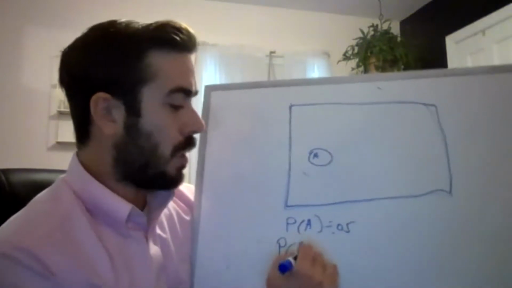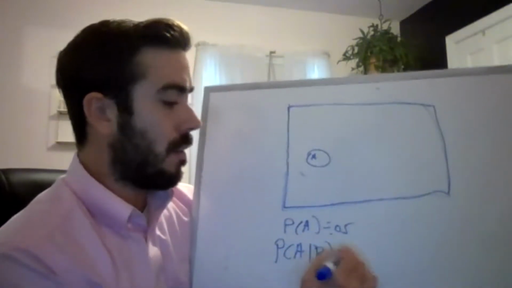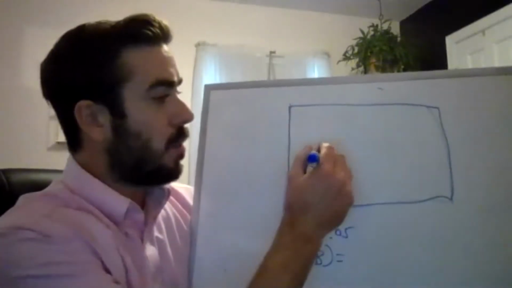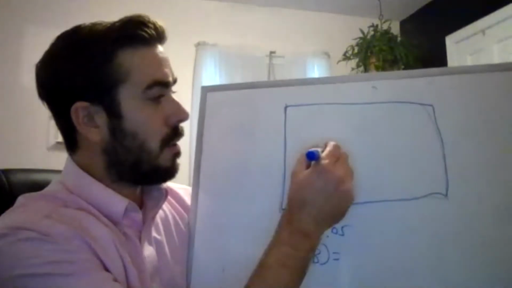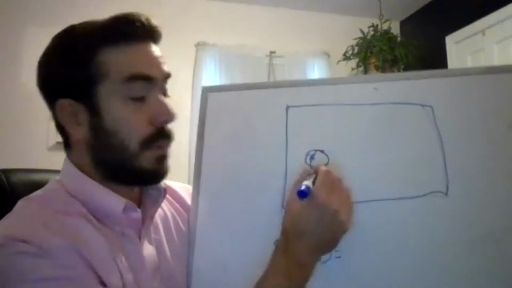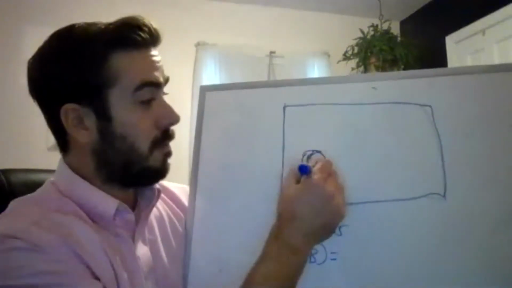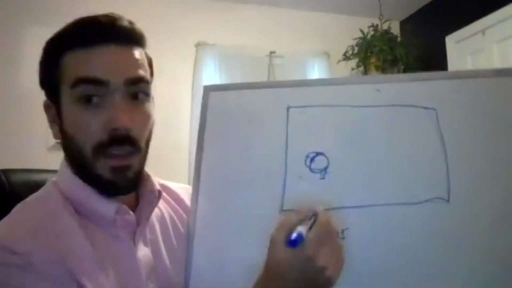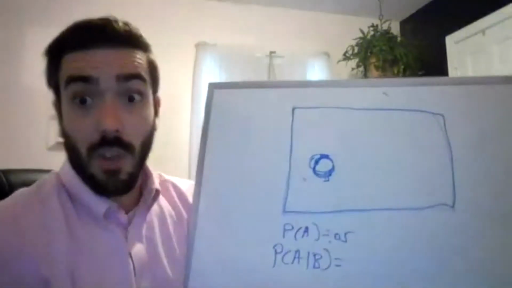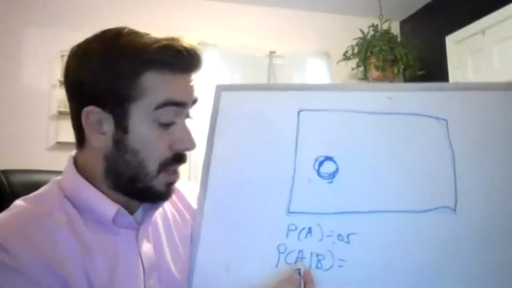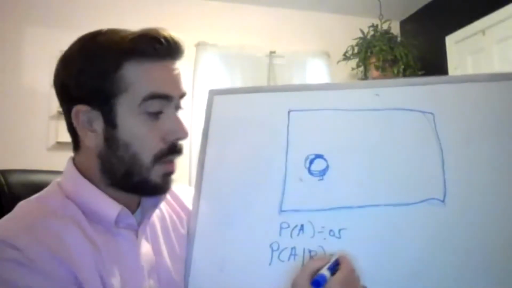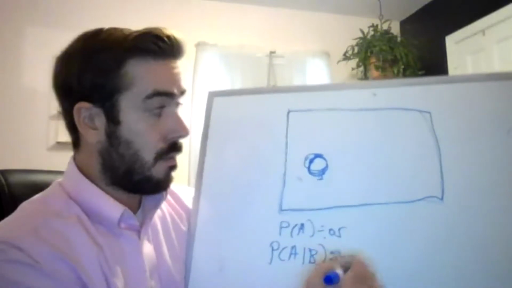And then I say, okay, but what's the probability of A given that I know B has also occurred? Well, what if event B was like this? Something like that, where it almost exactly mimics A. Now that I'm limited to the space of B, most of that space of B is also A. So now the conditional probability of A, once I know I'm somewhere in circle B, is almost 1.